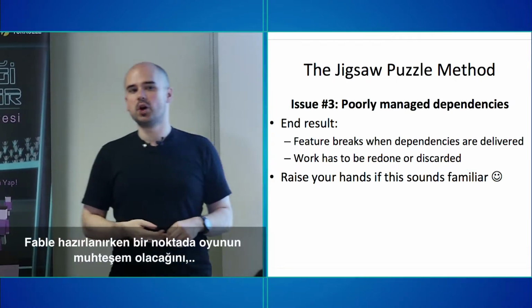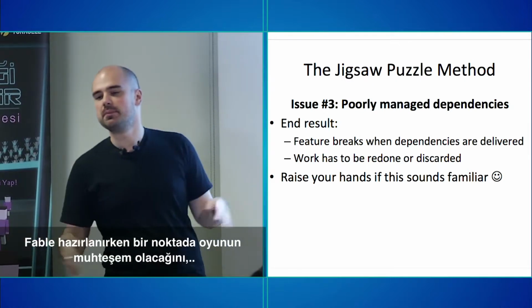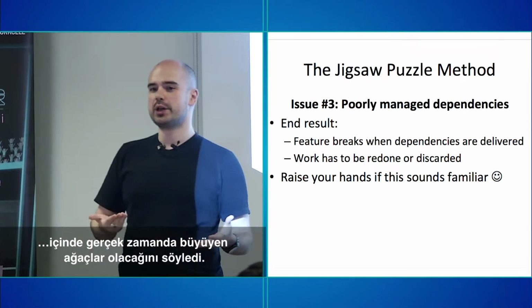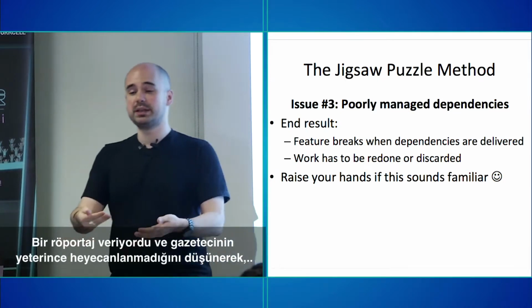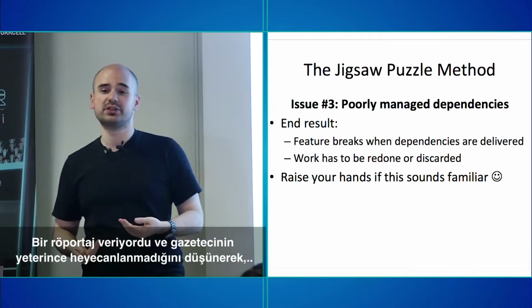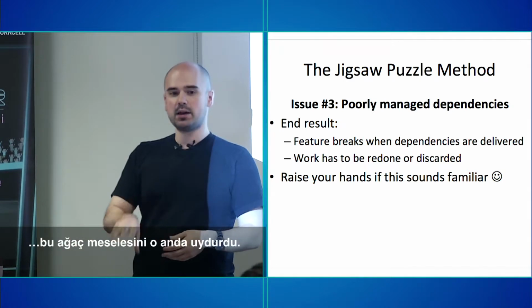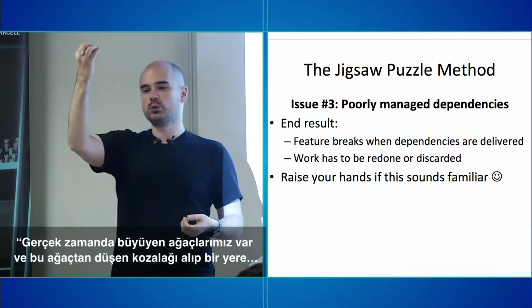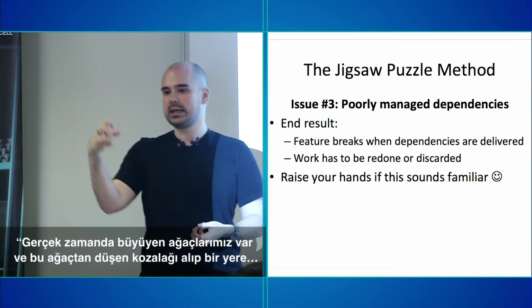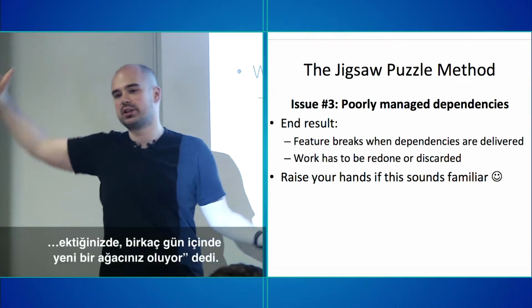And at one point he said, oh, in Fable it's going to be so awesome. We're going to have trees growing in real time. He was being interviewed by a journalist, and he thought the journalist didn't seem excited enough, so he made that up on the spot. We're going to have trees that grow in real time, and the tree will drop like an acorn, and you can take that acorn, you can plant it somewhere else, and a new tree is going to grow up in a few days.